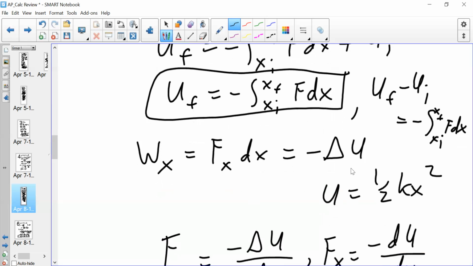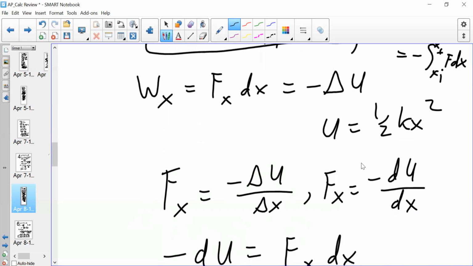And so I was saying earlier, if I wanted to find the force, I would just solve for F here, and algebraically, we know that that's going to be negative delta U over delta x for positive work. It's all about perspective. If we want to find the positive work, then it's going to be F equals negative dU over dx.